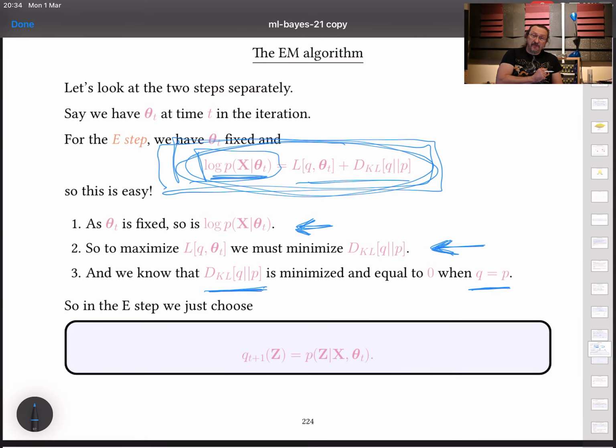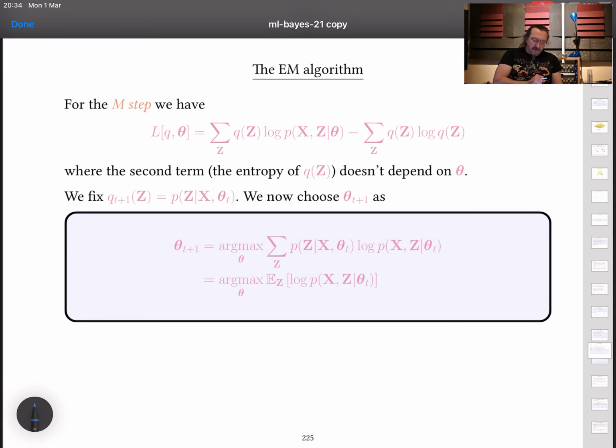What about the other step? Well, this is a little more involved, but not hugely so. For the M step, we now write L of Q and theta in its full form. Again, this is derived directly from a couple of slides back.